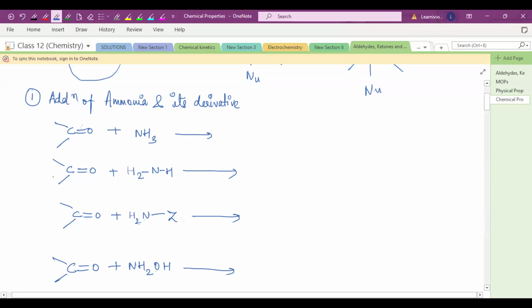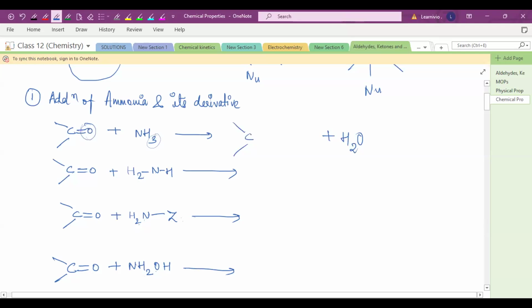This ammonia has three hydrogens, right? So two hydrogens from this ammonia and the oxygen from the carbonyl compound will give you water. So dehydration will occur, and you are supposed to form the imine.